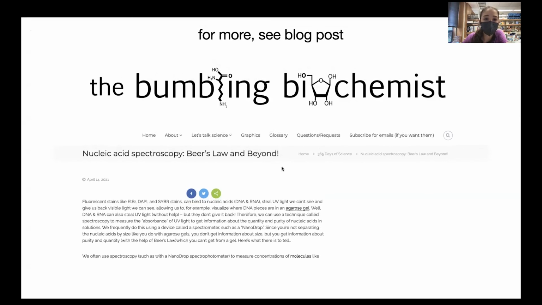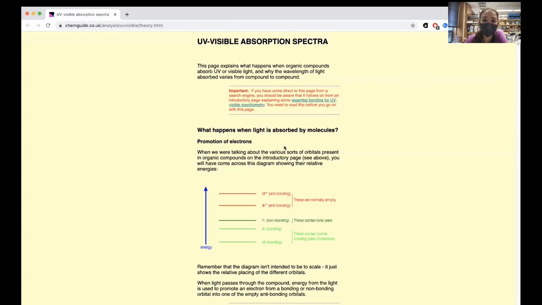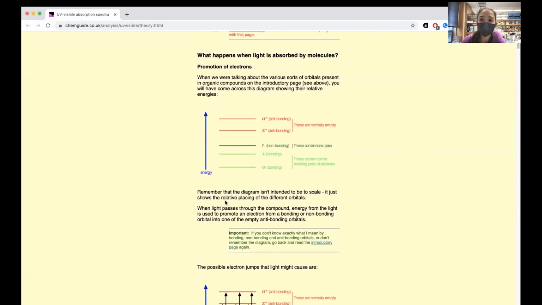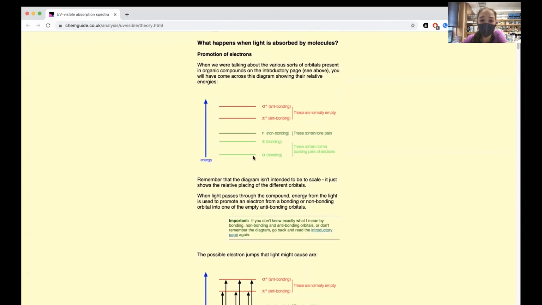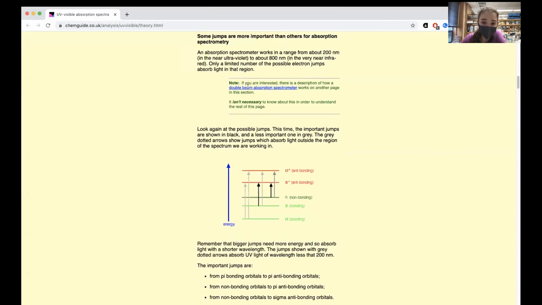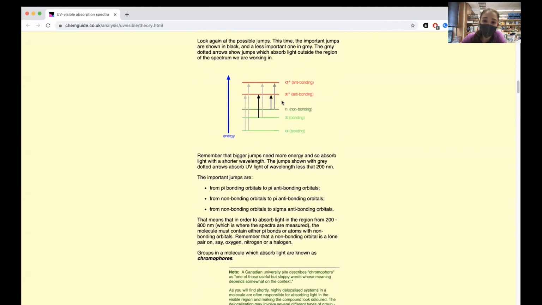And you can find a lot more in my blog post. And if you are interested in learning more about why things absorb, I highly recommend Chem Guide UK. This helps explain in more detail where these energy levels are coming from, and where you can get this promotion of energy to these different levels, and why you see it with things with pi bonds.